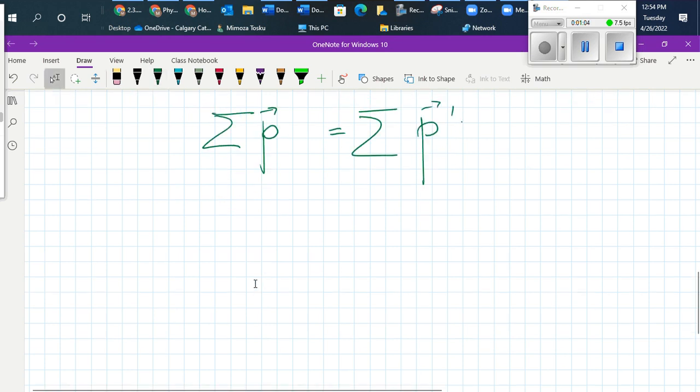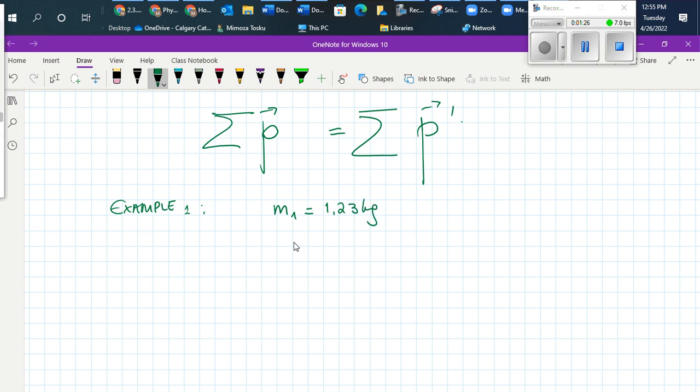Let's see now some examples of how we can figure out the velocity, either before or after, of one of the objects. Let's suppose that we have an example in which object 1 with mass 1.23 kilograms is moving toward object 2 with a velocity of, let's say, 25.3 meters per second going east.